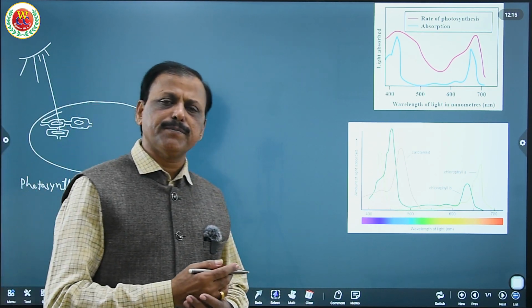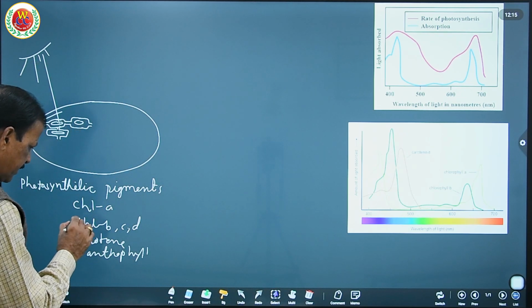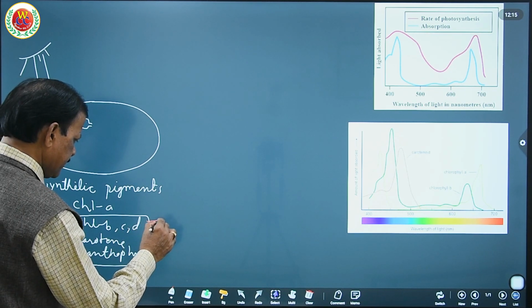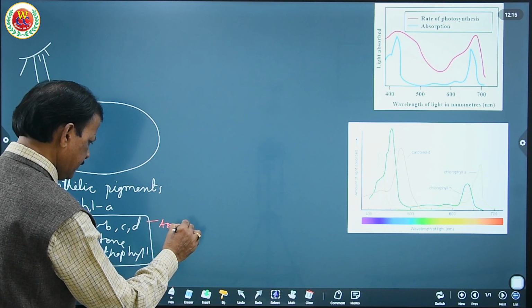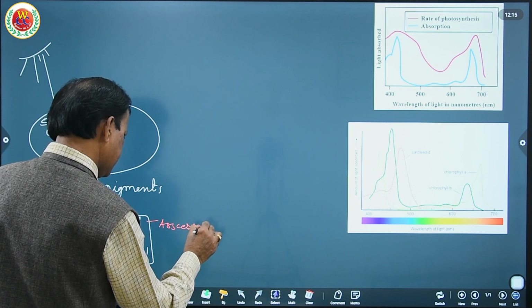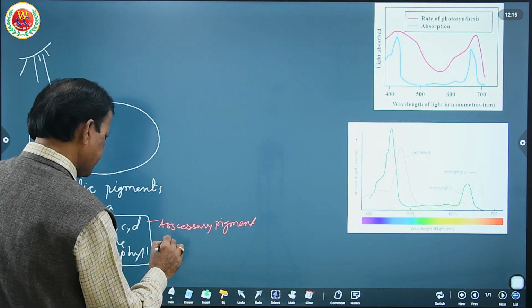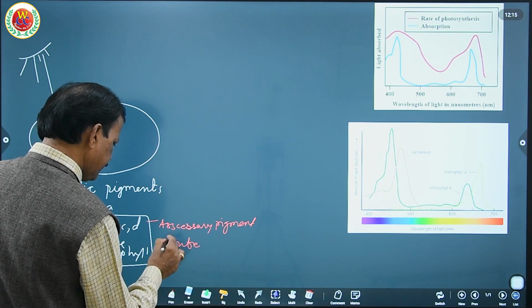Bacteriochlorophyll, bacterioviridin, phycoerythrin, phycocyanin. But these other pigments are known as accessory pigments, as well as antenna pigments.